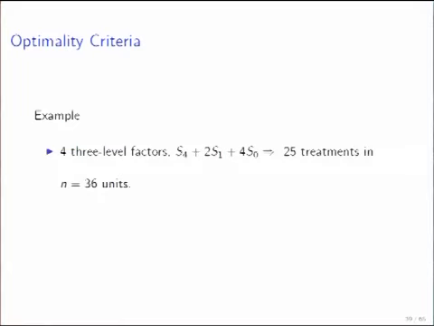S1 means 1 factor varied, with levels at +1 and -1, and the others centered. S0 means all factors are at the center level. So we have 25 treatments, from 36 combinations, and 25 of them are distinct.